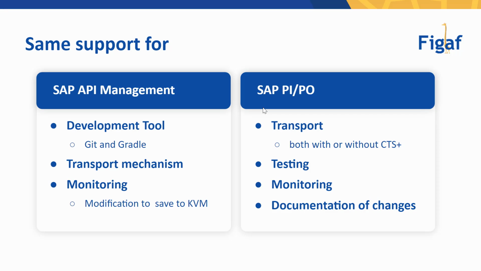Good. We have the same support for API management, where you can also work with the Git repository, where you can take transport of API proxies, KVMs along the way, and configure them in the landscape. So at one point in time you just say, okay, I have this KVM, and these are the values that I need in QA and in production for this.